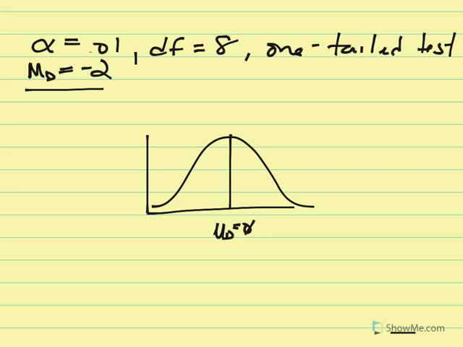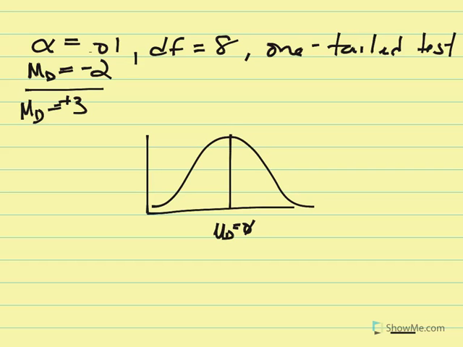So if the change is in the correct direction, then the question is whether it is large enough to be significant. However, if it is not, then the treatment clearly did not work as expected, and you can stop the test. So in other words, if let's say mean D was equal to +3, then we wouldn't need to go any further, because if it's directional, our critical region is going to be set on that side of the mean difference that represents the null.